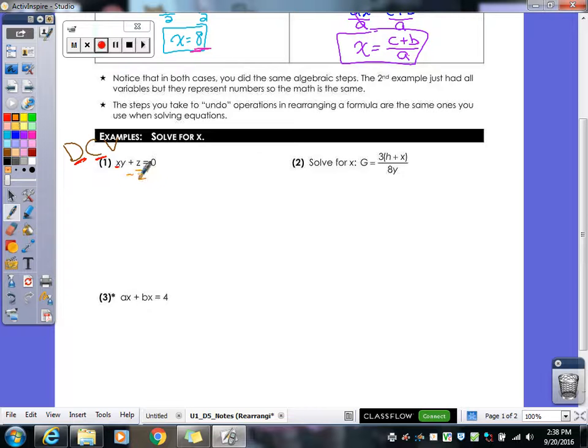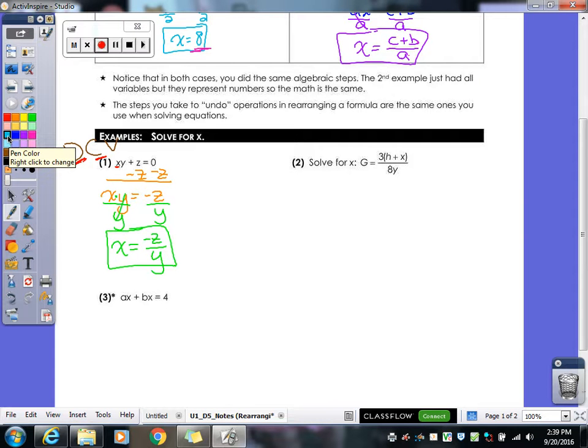Just like with numbers, we add or subtract anything away from it first. So I'm going to subtract my z, and I get xy equals negative z. Then I divide by y, because right now x and y are being multiplied. The opposite of multiplication is division. So I get x equals negative z divided by y. And that one's done.